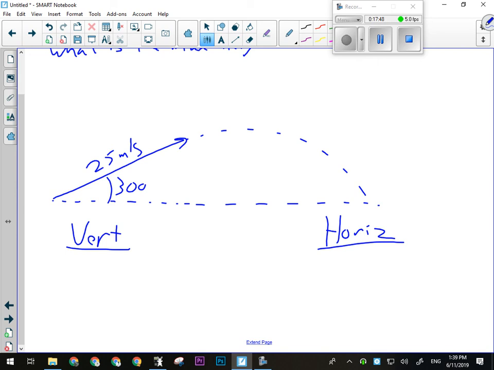Right off the bat, I can calculate a couple of things. This side of the triangle will be my horizontal velocity. This side of this triangle will be my initial vertical velocity. To calculate my horizontal velocity, it's the adjacent side, so it'll be the cos of 30 times 25.